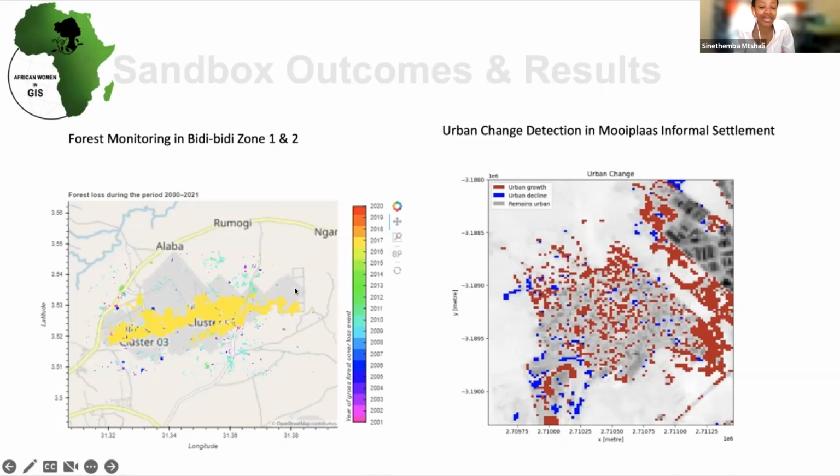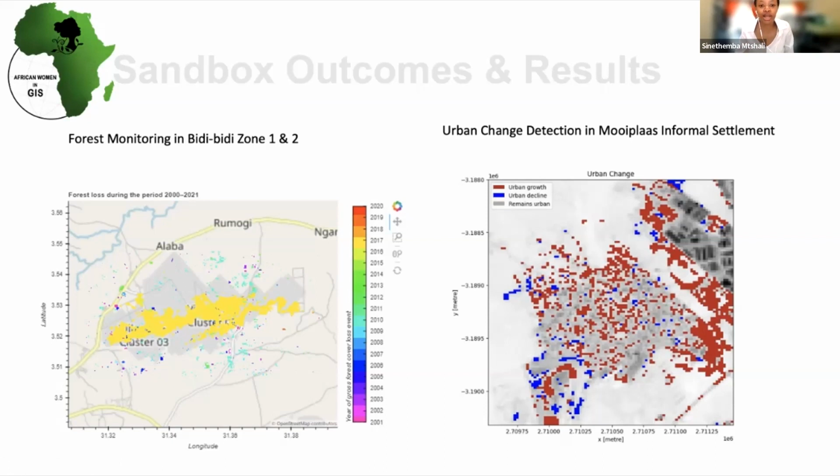So when I found out that we were able to have a webinar with Digital Earth Africa, I was really excited. They introduced the sandbox to us, which was such a great platform for me as a novice and a beginner in GIS, because I was able to use this analysis-ready data for my own project.